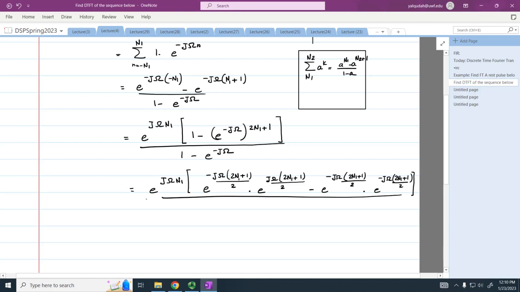Everybody knows what we've done? Do you have to do something to the denominator now? Well, I'm going to add the denominator. Just the numerator.